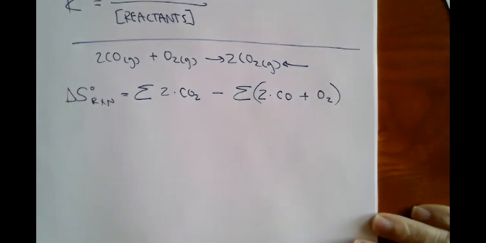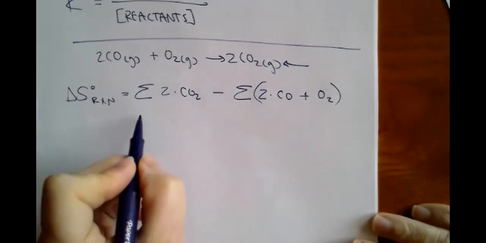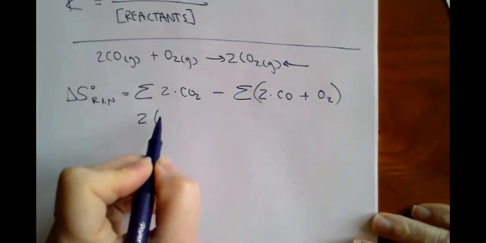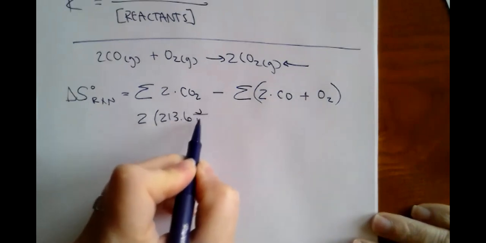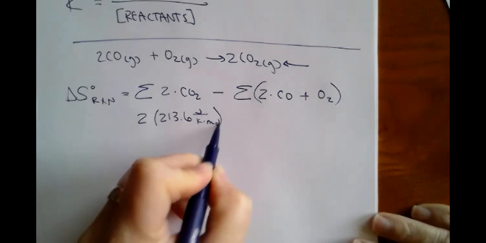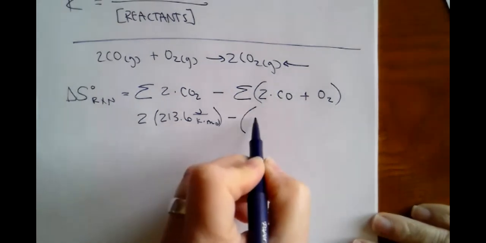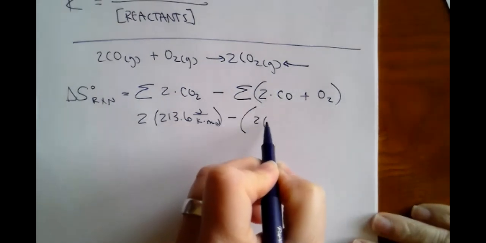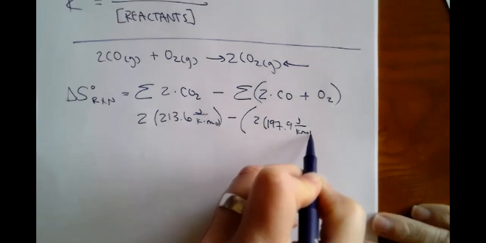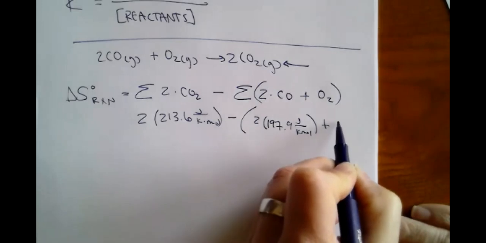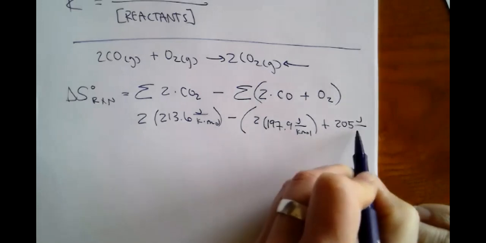Plus entropy of O2. So 2 times the given number for CO2, which is 213.6 joules per kelvin mole, minus 2 times the number for CO, 197.9 joules per kelvin mole, plus 205 joules per kelvin mole.